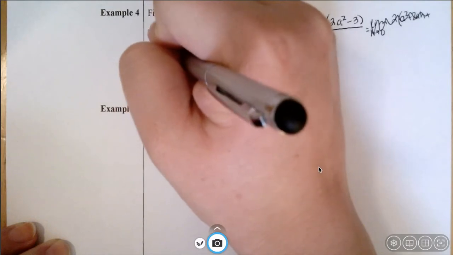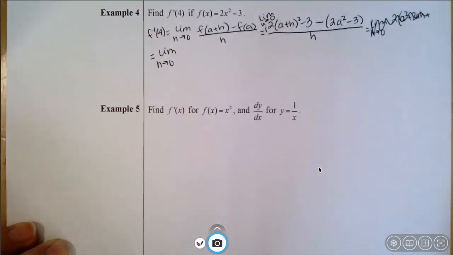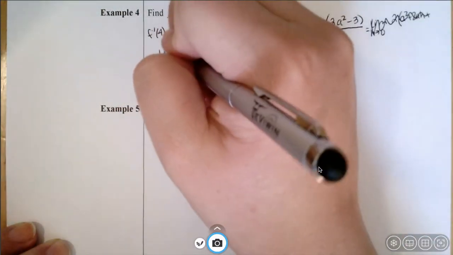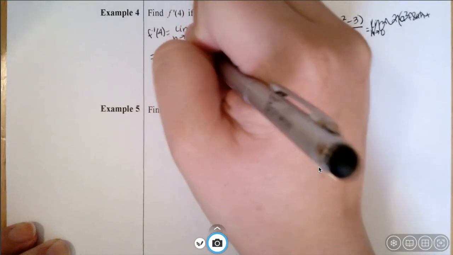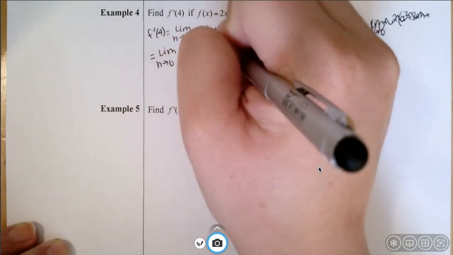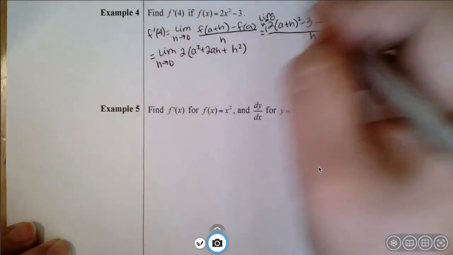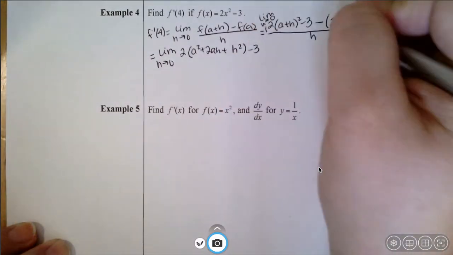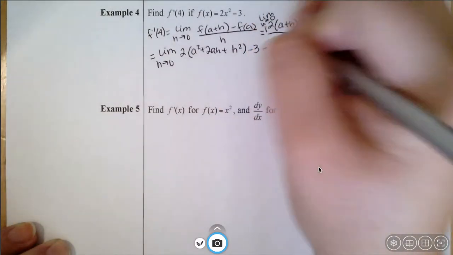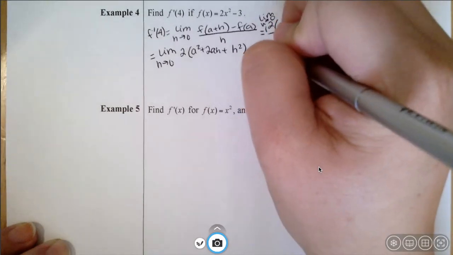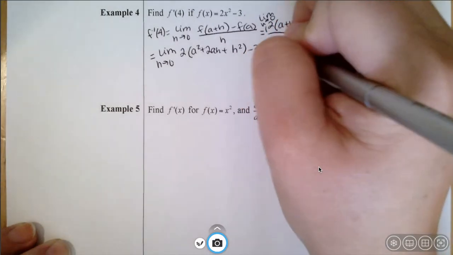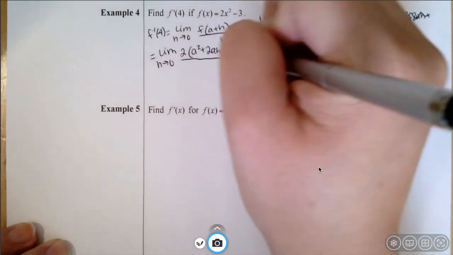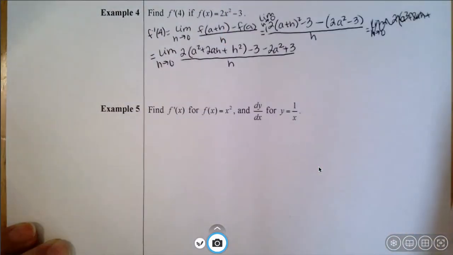Equals the limit as h approaches 0 of 2 times a squared plus 2ah plus h squared minus 3 minus 2a squared plus 3, all over h.